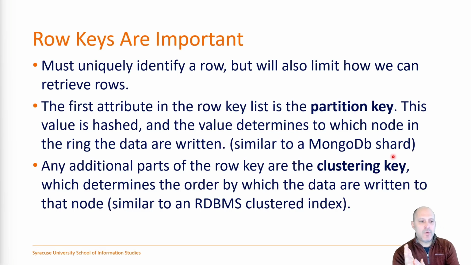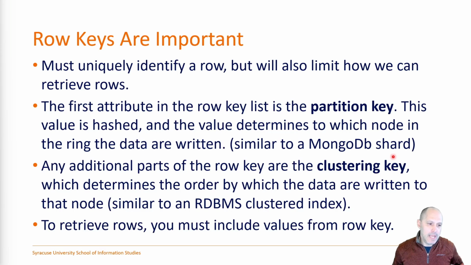The cluster key, generally you want this to be in ascending order, because this is how it physically gets written to that node in the table space. So that cluster key is going to determine where the data actually gets written on the node, similar to a DBMS clustered index. Okay. And to retrieve the rows, you must use values from the row key. So you can't get away with just trying to look up someone's name or something. That's not going to work. You have to provide the partition key and to some degree the clustering key.